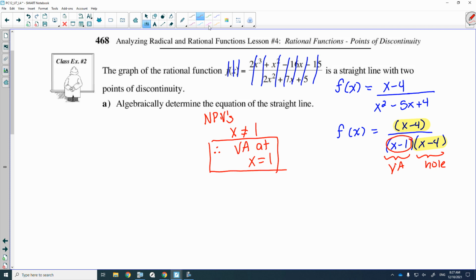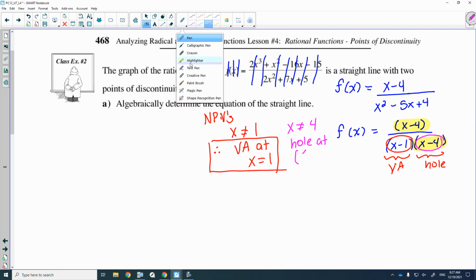Then, after I do that, I'm going to take care of the hole. So this is another non-permissible value, right? X could not be equal to 4. That, though, is not a VA. That's a hole in my graph. So there's a hole, or a point of discontinuity, at x is equal to 4.